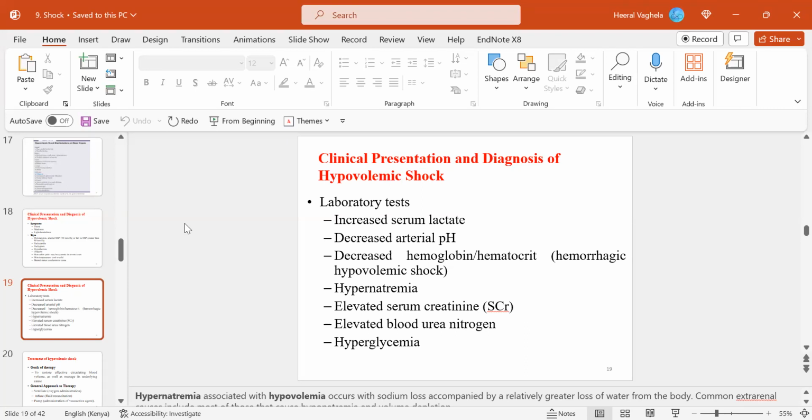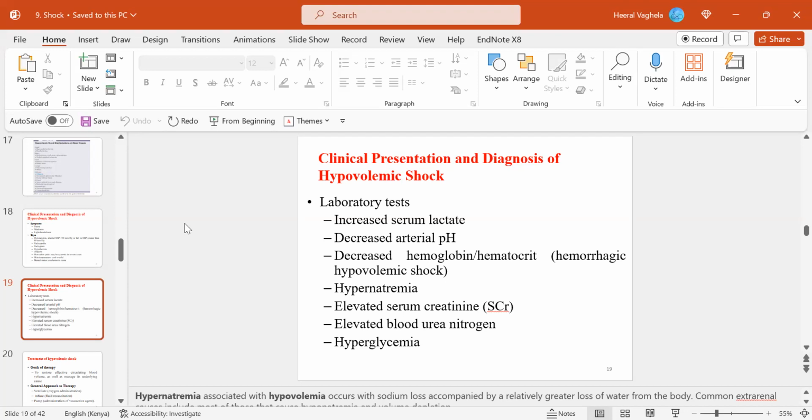So whatever electrolytes, proteins, or glucose you have in the plasma is more concentrated. So you see hypernatremia, hyperglycemia, elevated serum creatinine.